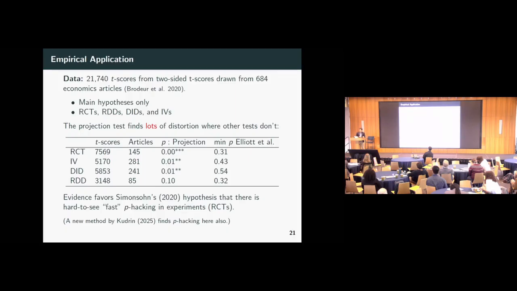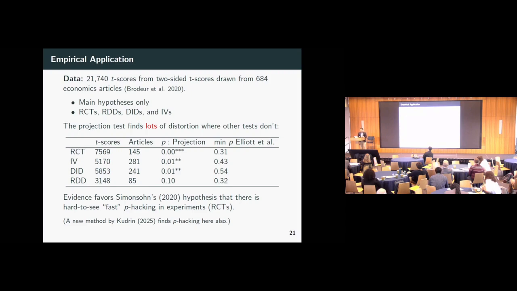It means that there's something wrong with the t-curves for RCTs, IVs, and DIDs. Something is distorted about those t-curves, but the distortion is not of a character that the Elliott et al. tests were looking for. It might be a distortion that looks like it might have an alibi, but it doesn't, and we need to formally test to really check whether that distortion has an alibi.